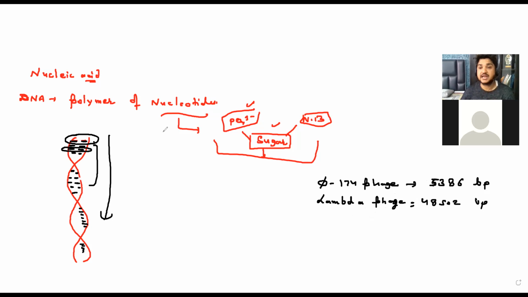Lambda. So lambda's length is higher as compared to the phi X 174.